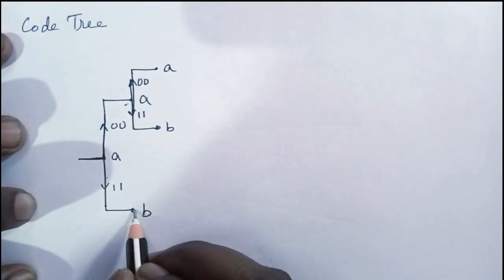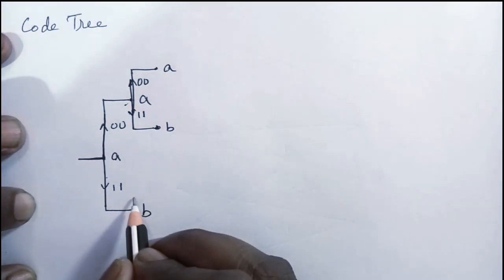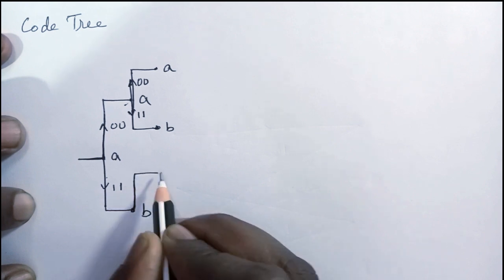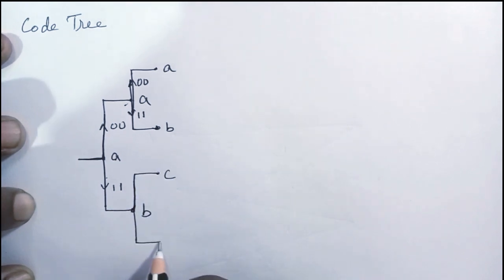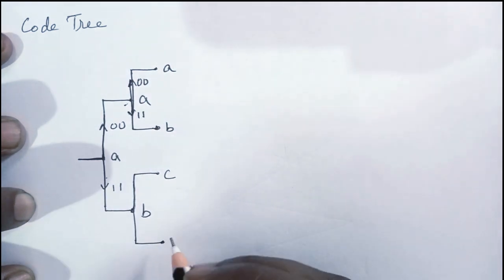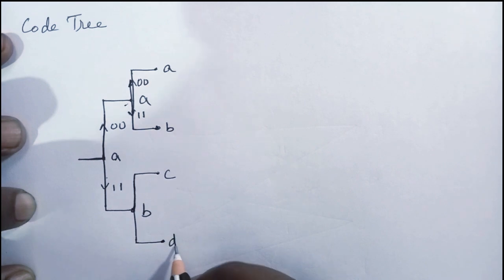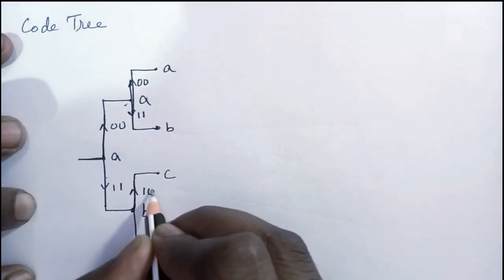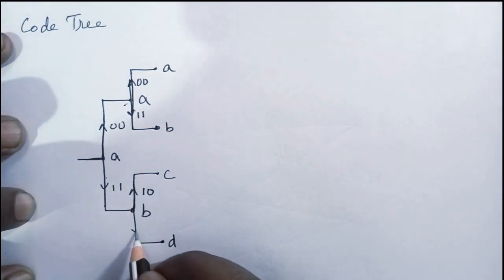Okay, let's come here. Now the current state is B. If the input bit is 0, it goes to state C, and if the input bit is 1, it goes to state D. The output here is 1 0, and here it is 0 1.